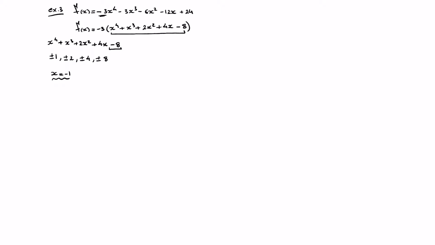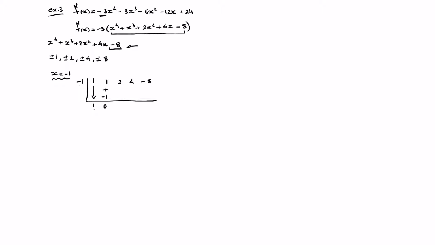So the polynomial we're focusing on, remember, is this one, and its coefficients are 1, 1, 2, 4, negative 8. And so using the nested scheme, we make our table, and we're evaluating at negative 1. We carry down the 1. Negative 1 times 1 is negative 1. 1 plus negative 1 is 0.